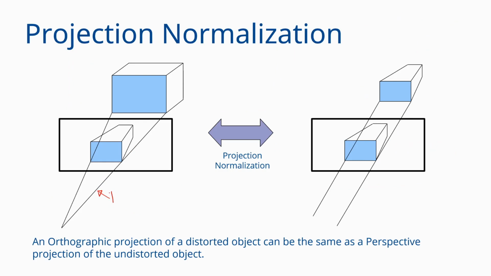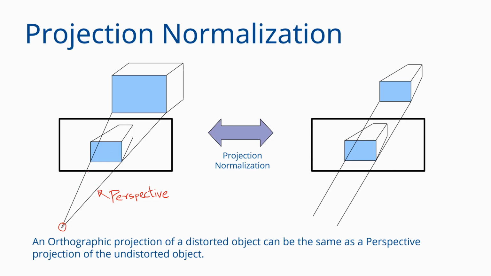When we have a view frustum that is formed with a perspective camera, that means that the projectors are going to converge to the camera center, right? So this is our view frustum.